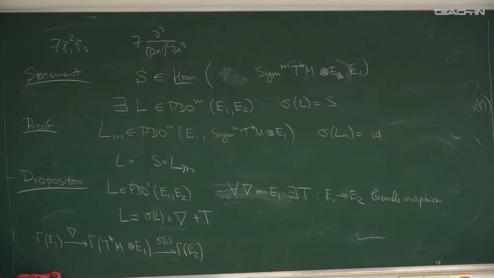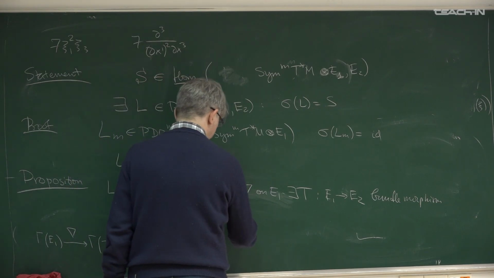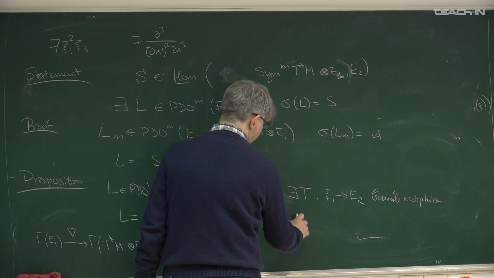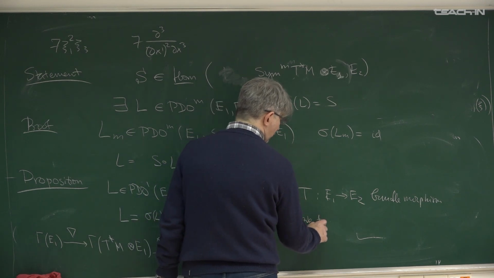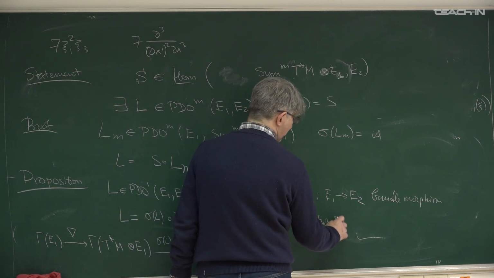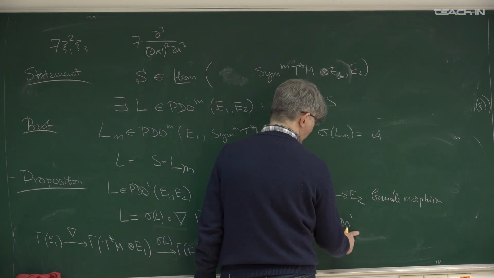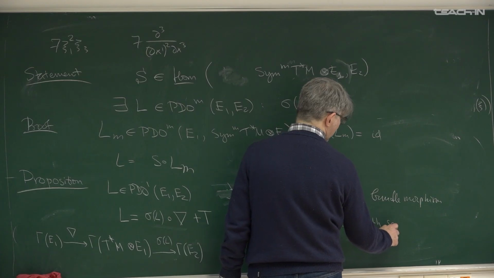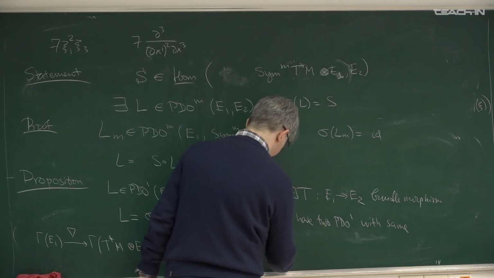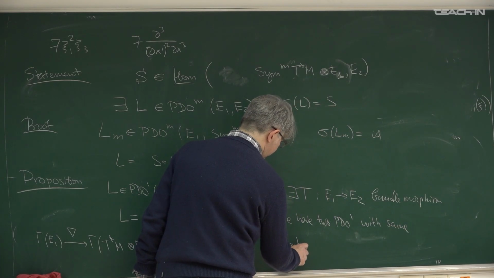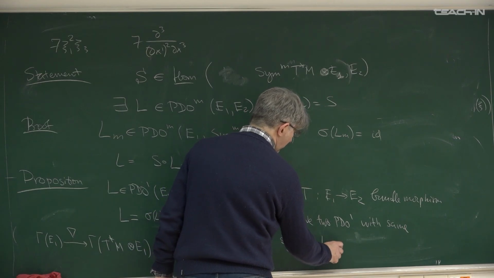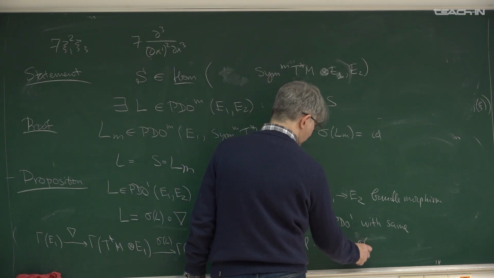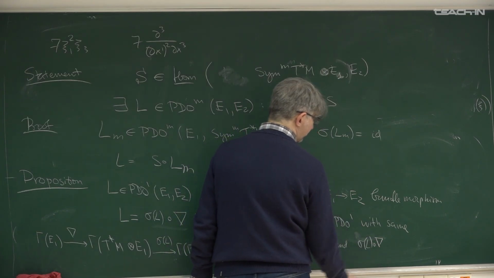Well, let us prove it. Very simple proof. We have two partial derivative operators of order 1 with the same symbol: L, and the symbol of L composed with nabla.